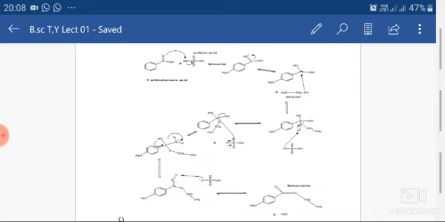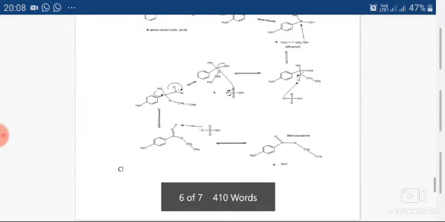Then there is a loss of H2O molecule, and then there is formation of benzocaine.